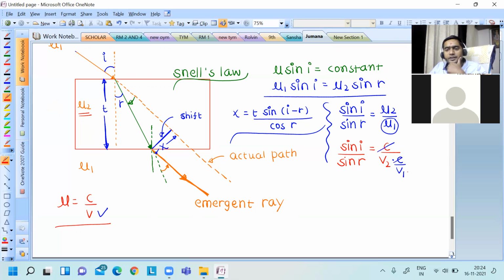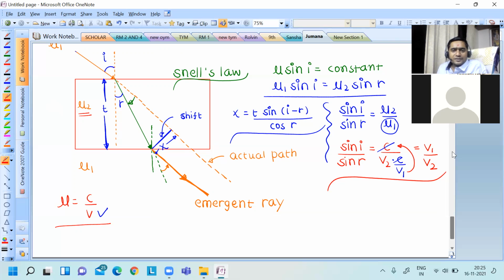This is in the denominator, so it moves to the numerator. So I also have this formula: sine i over sine r equals v1 over v2. V1 is the speed of light in the first medium, and v2 is the speed of light in the second medium.